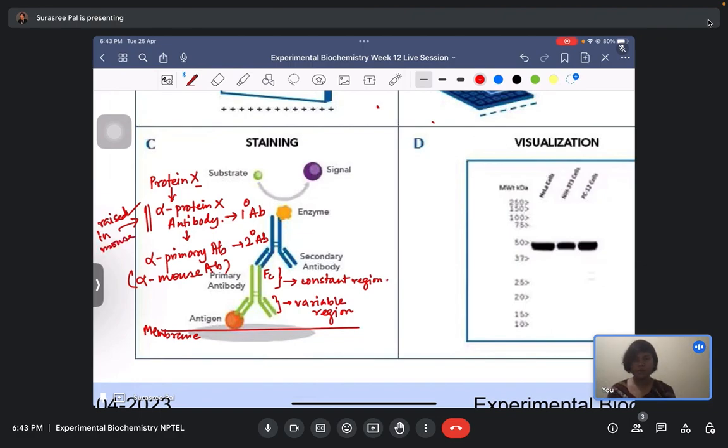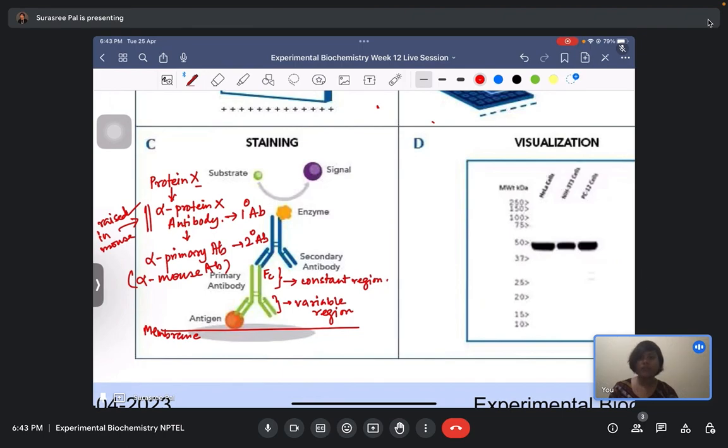So are you getting my point? First of all, the primary antibody has to be raised in an organism. It can be mouse, it can be rabbit, it can be donkey, it can be any other organism. And then the secondary antibody, which will have to recognize the primary antibody, will be raised in another organism, and it will be able to detect the mouse constant region.